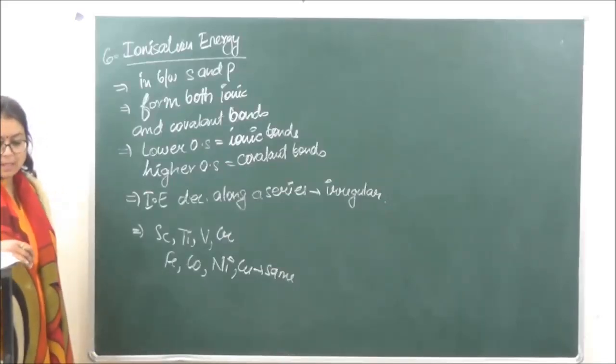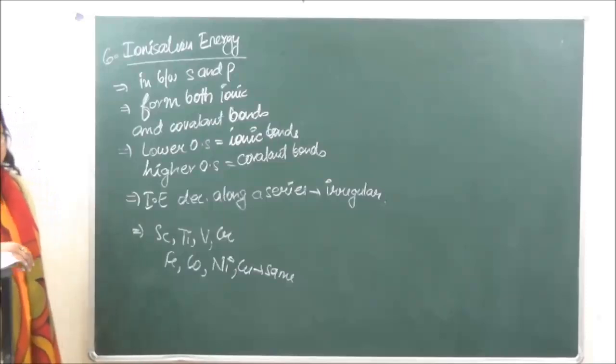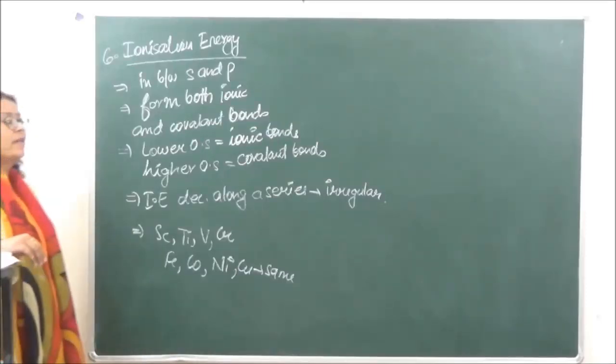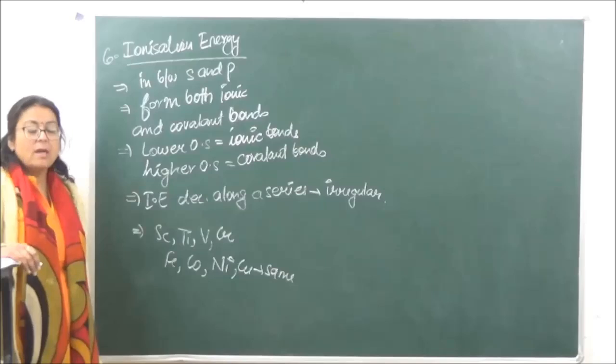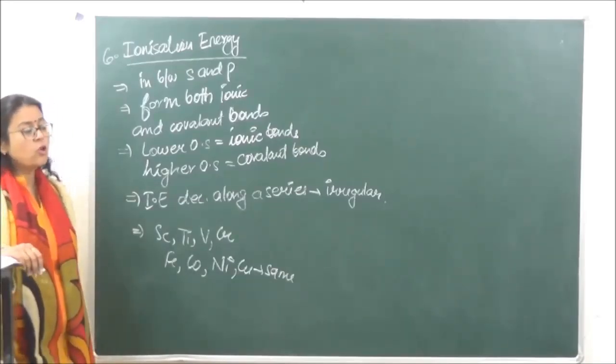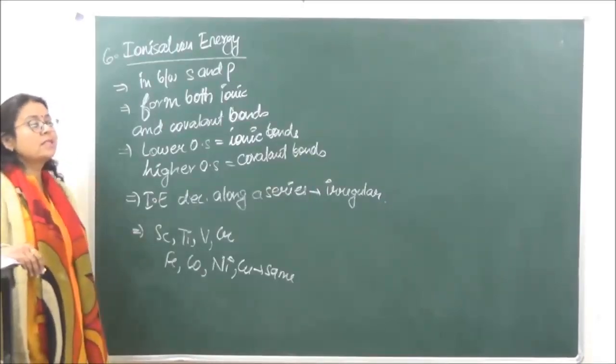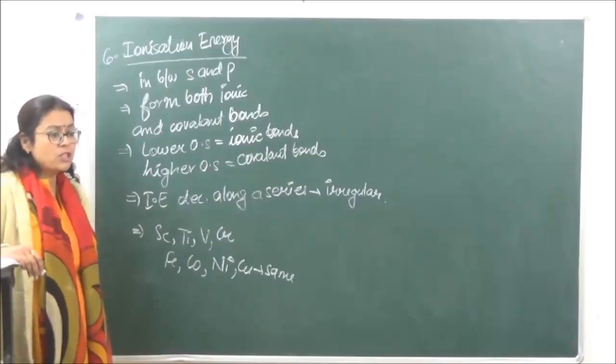Okay, so when we are traveling along a series, the increase in ionization energy is due to increase in nuclear charge. But at the same time, the screening effect will also keep on increasing because of introduction of more electrons in the same n-1 d, which we've just discussed.